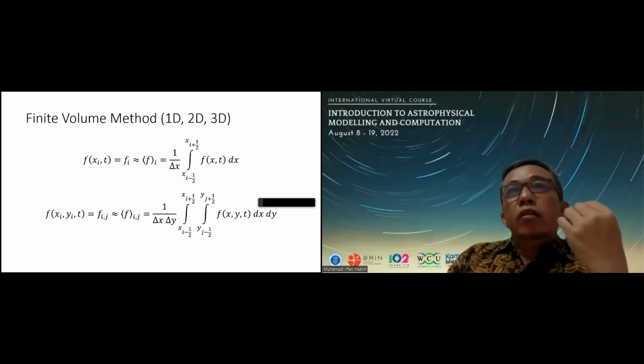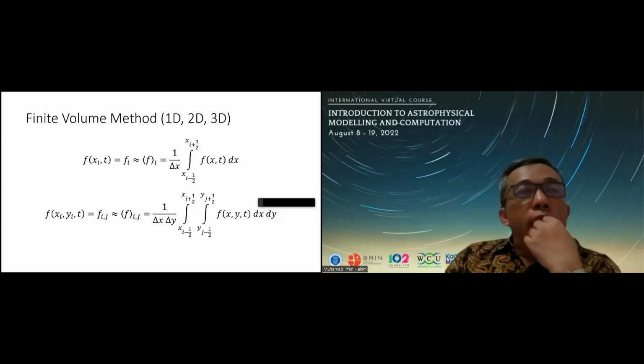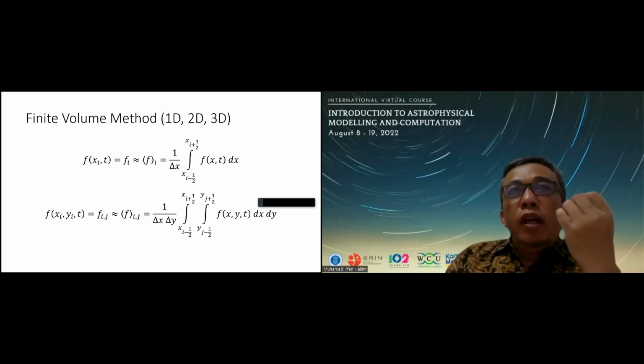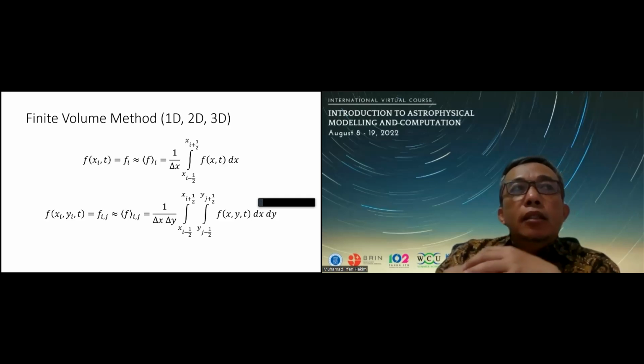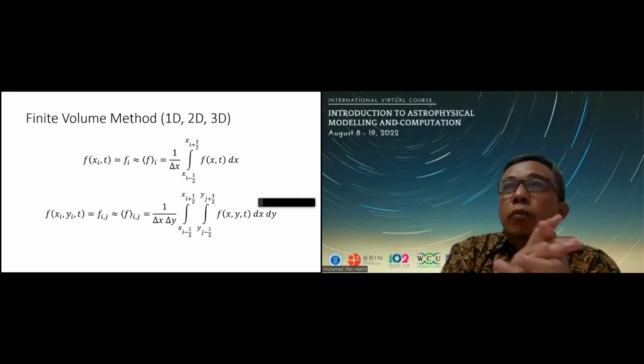finite difference at every point, every node, every spatial node, let's see these problems.